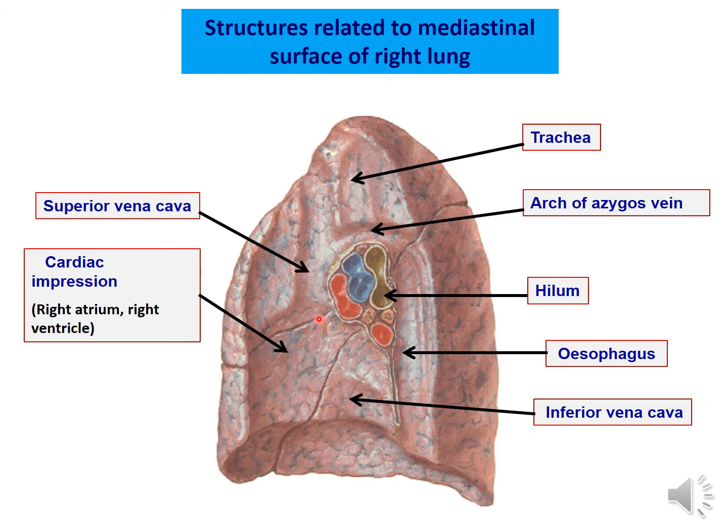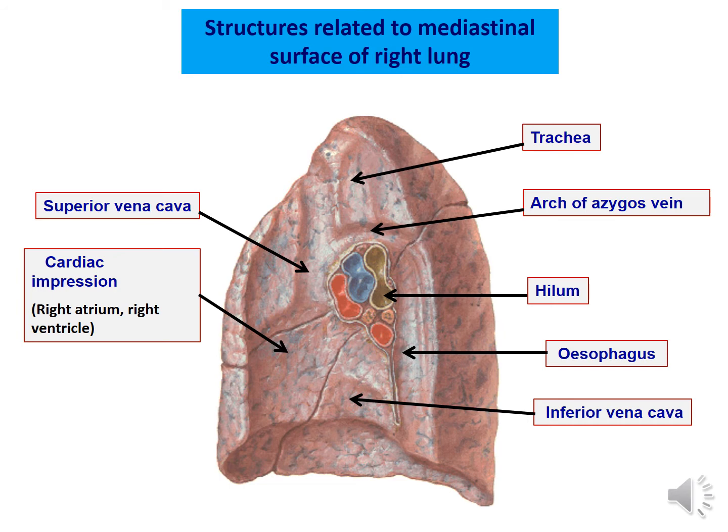Below and in front of the hilum, you can see a big impression. This is the place where the right lung is related to the heart, particularly the right atrium and right ventricle, and collectively it is called the cardiac impression. And in the lower part close to the base there is an impression for the inferior vena cava.